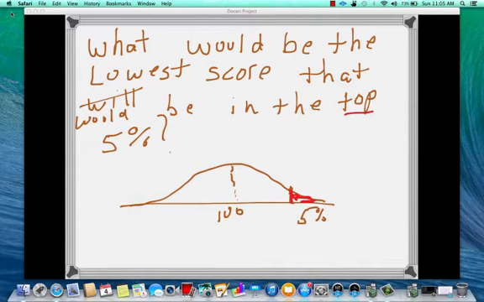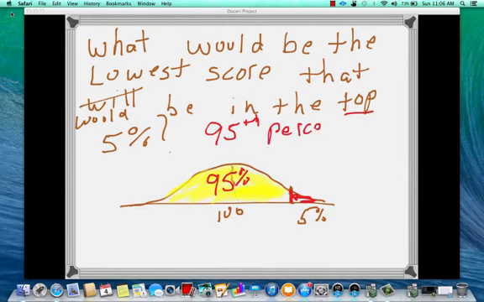To successfully figure out that score, we need to find it as though it was to the left. So if we're looking at the top 5%, what percentage is to the left of that score? Well, obviously there'd be 95%. So I want to find the score that's going to be the top score in the 95th percentile. So you almost have to reword this question. So top 5%, we're looking for the 95th percentile score.